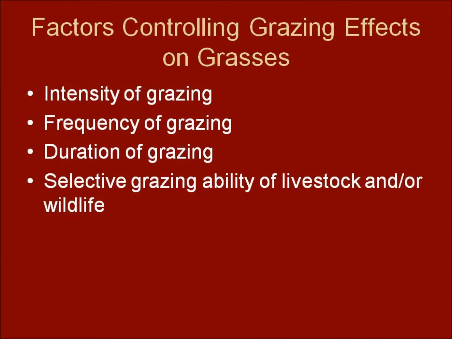Selective grazing ability of the livestock or wildlife that we have there. Different classifications of livestock have different grazing behavior, and that comes into effect when we're trying to determine the intensity of our grazing. We want to look at those stocking rates. We look at 1,000 pounds of animal as being one animal grazing unit. Now, if we break that down, an adult cow, for instance, is going to weigh somewhere around 1,100 to 1,200 pounds on average.